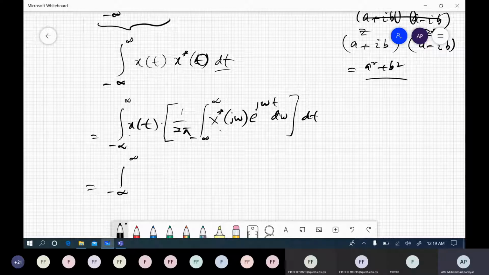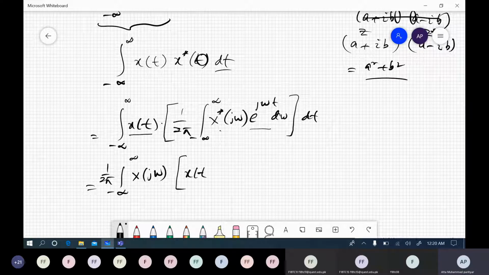Now you can see this term contains t with respect to dt. So I want to rewrite it with x of j omega, which is considered a constant for this term. Rearranging the integrals, this must be equal to, and 1 over 2 pi is constant for all, what we are left with is x of t e to the power j omega t dt times d omega.